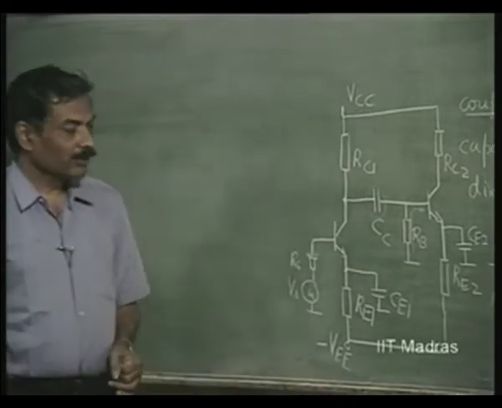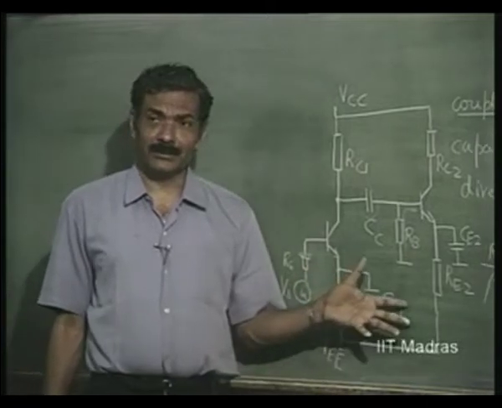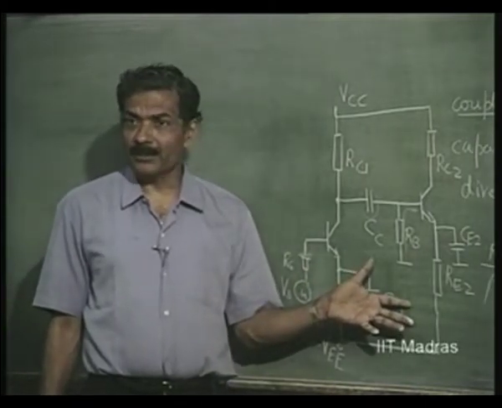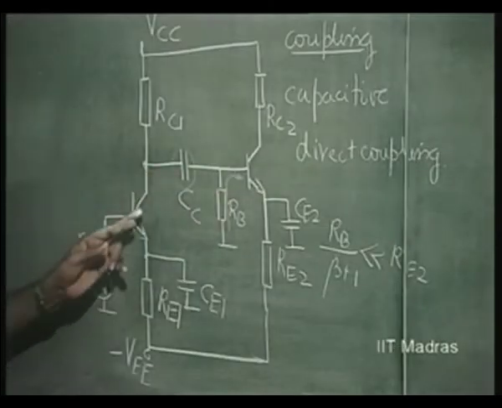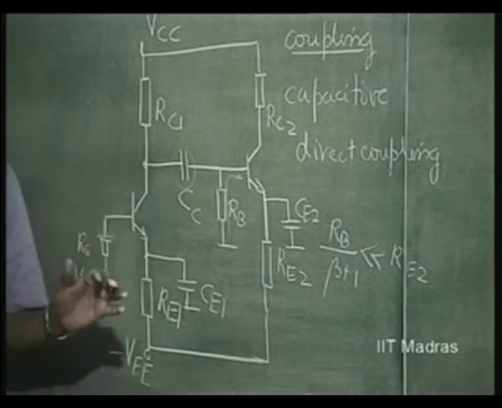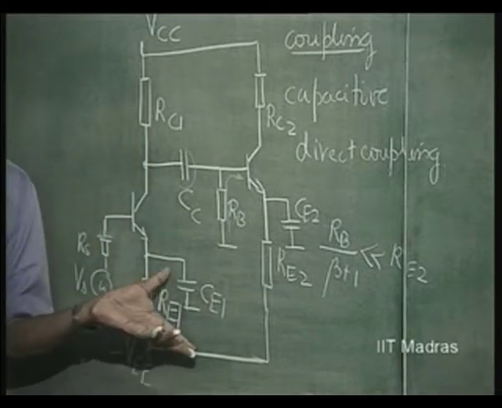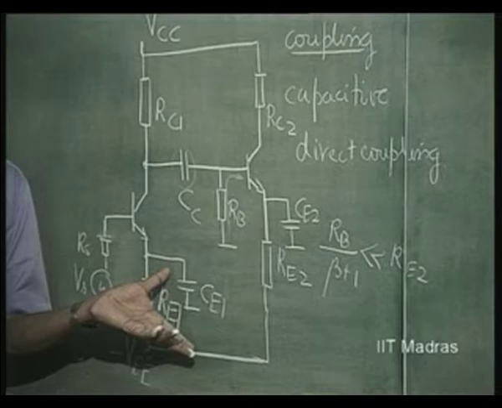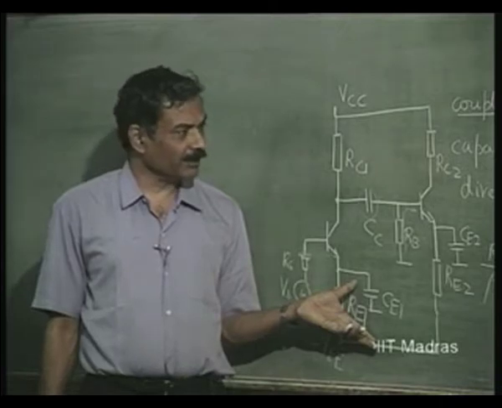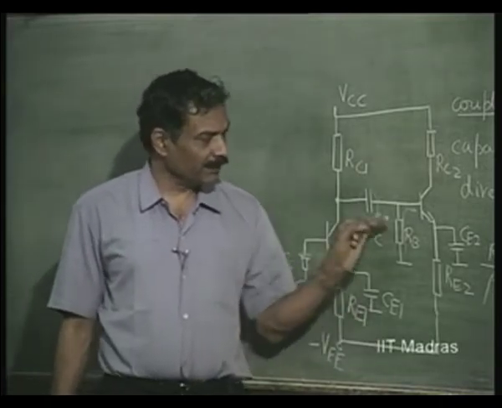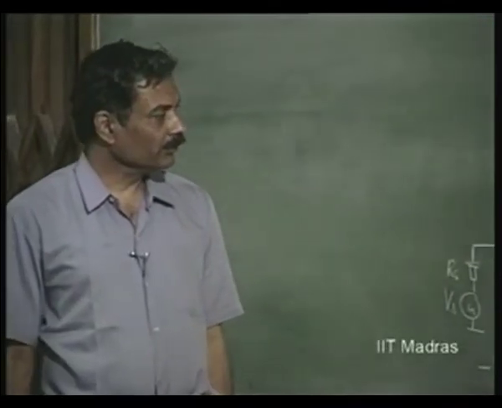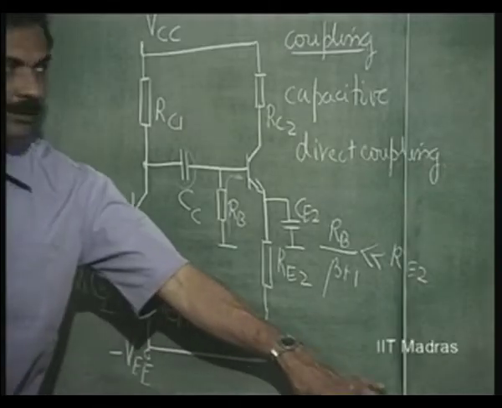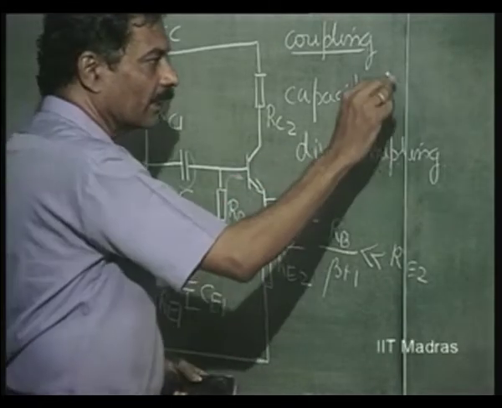So, these are all huge capacitors, and in this day of micro miniaturization, when all these other circuits, including these active elements, transistors and resistors, are becoming smaller and smaller, these capacitors of the order of microfarad still remain very big in size. So, if it is a micro miniaturized circuit I am planning, there is no place for these capacitors. That means what do we do? There is no other way other than to take recourse to direct coupling.